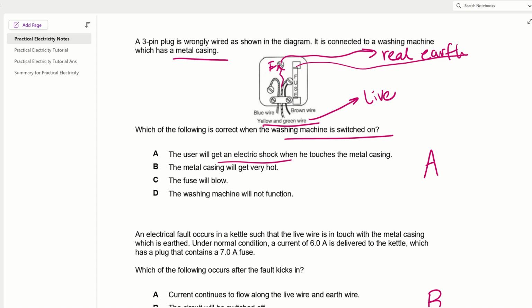But now, do you see that the live and the earth wire are connected here? So there will also be current that flows into the metal case and makes the metal case live. So when somebody touches the metal case, it will form the connection.